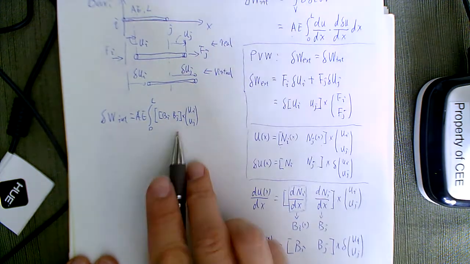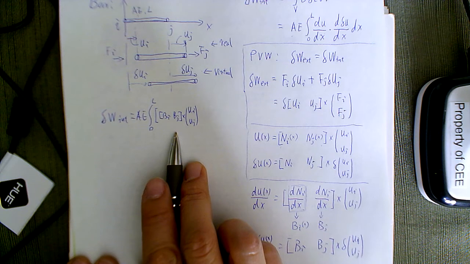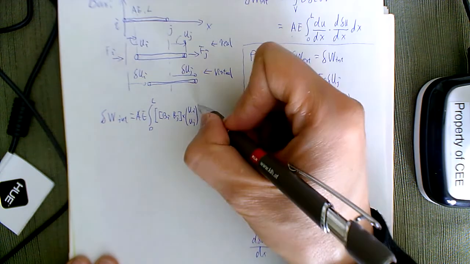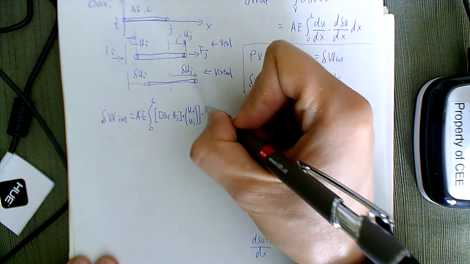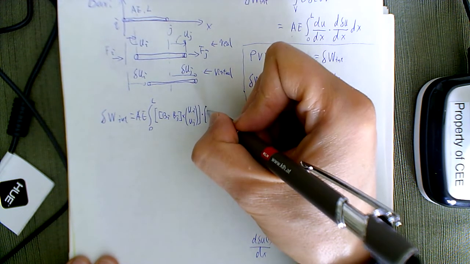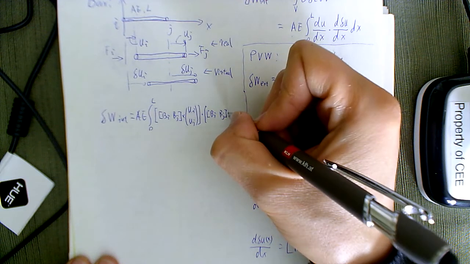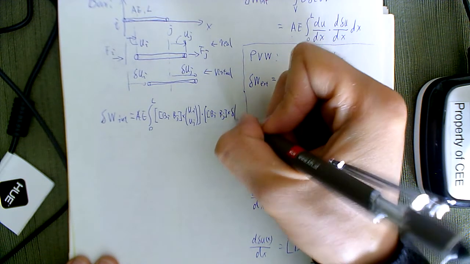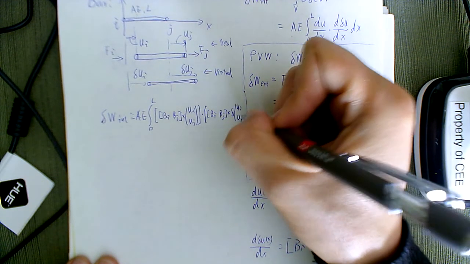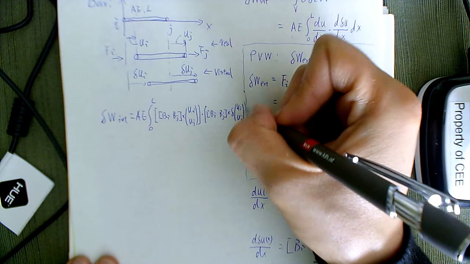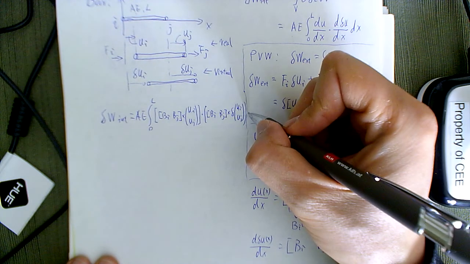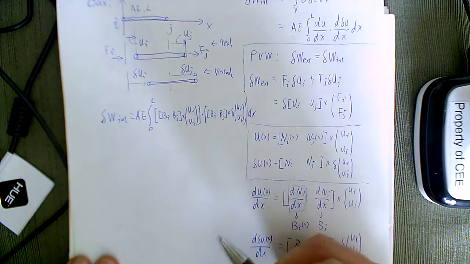This is a real strain. Okay, this whole thing times, then I'm gonna do bi bj, but now I'm gonna times the virtual displacement. Okay, and then this entire thing, then I'm gonna do the dx.